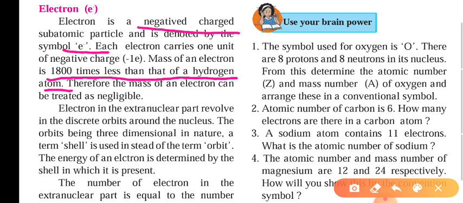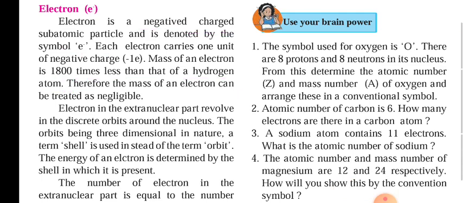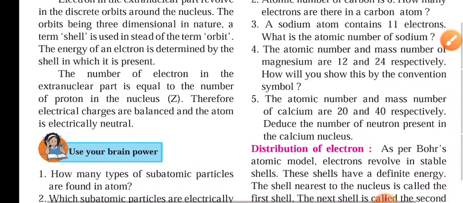Negligible means we can consider it almost zero. Electrons in the extranuclear part revolve in discrete orbits around the nucleus, the orbits being three-dimensional in nature. The term shell is used instead of the term orbit. The energy of an electron is determined by the shell in which it is present.